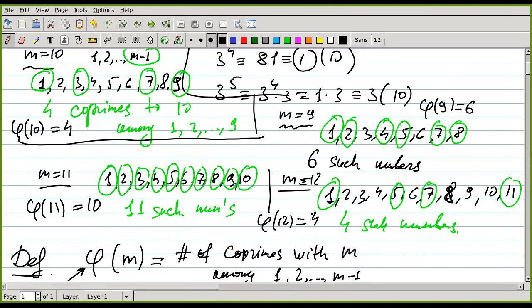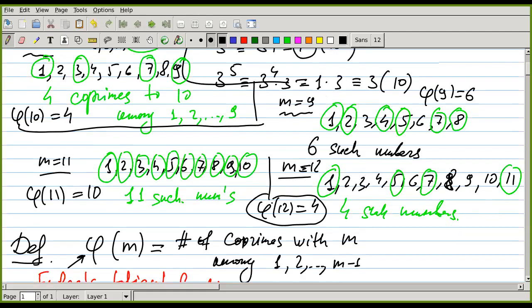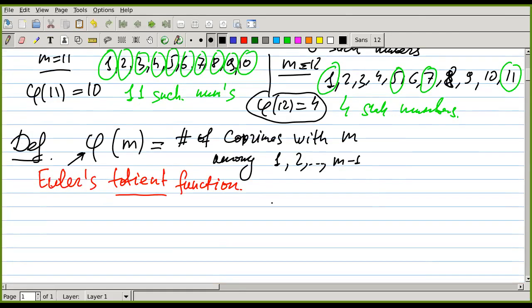Is it clear? Yes. At some later stage, we will derive a general formula for this function, but for now, we don't need it. But we want to prove the following theorem by Euler.